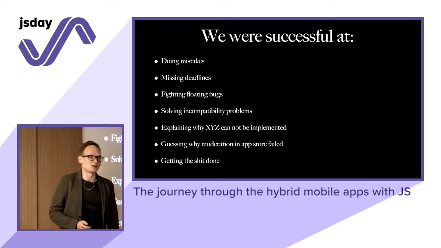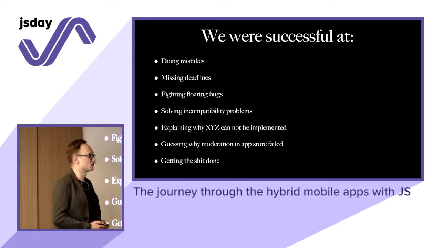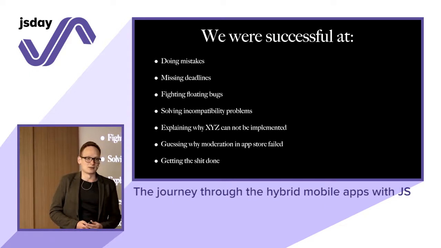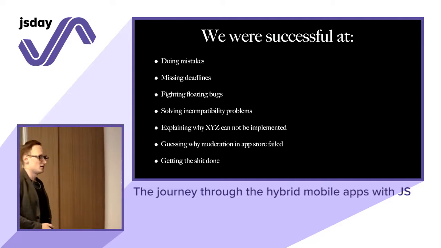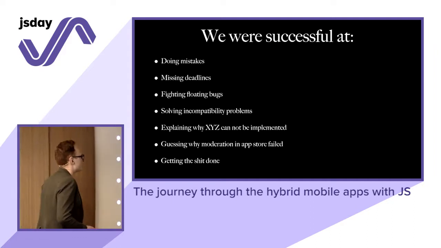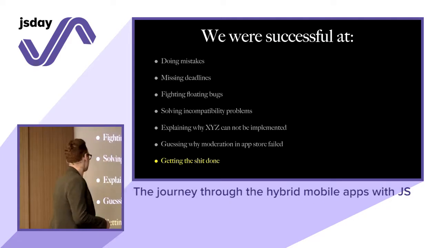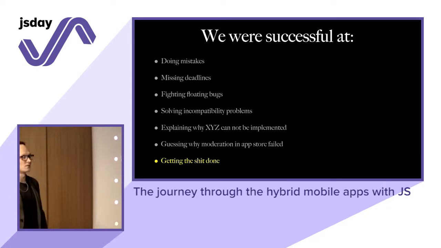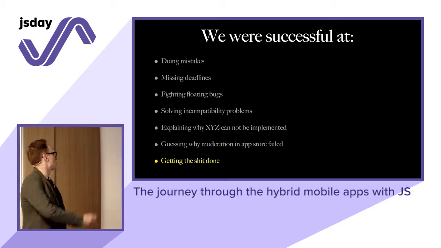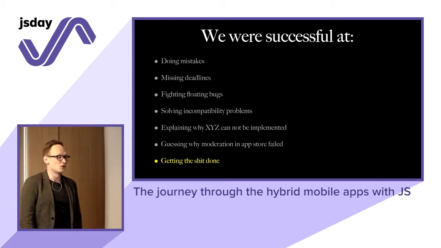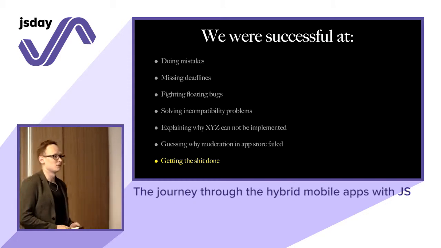Incompatibility problems, explaining to our customers why their small improvement is not possible to implement in any reasonable time, and explaining why we failed the moderation in App Store, a question nobody knows the answer to. But one important thing we've done is we ended up delivering those applications. And the reason why I'm giving this talk is to go through these bullets and explain what can go wrong and bring you straight to these yellow bullet points.